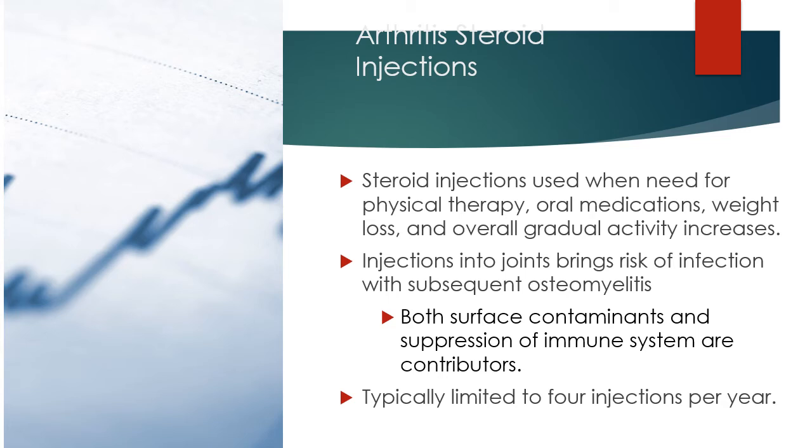There's also, of course, the introduction of contaminants that can cause infection. So osteomyelitis is certainly a major concern. And as I mentioned, patients can get about 4 injections per year. So that's something that can be tried in addition to other treatments such as PT and oral medications.